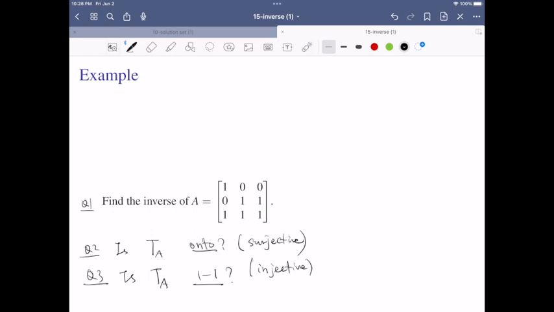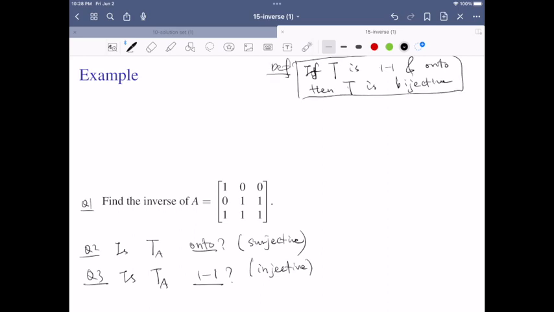And if a linear transformation is one-to-one and onto, then we call T bijective. So surjective, injective, bijective. So this is the definition. All right.